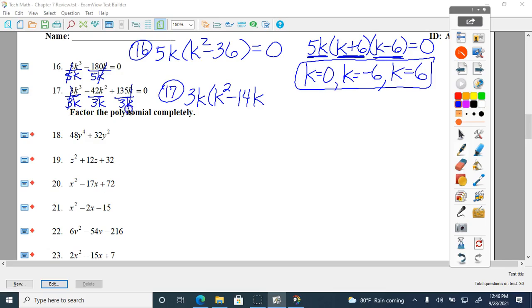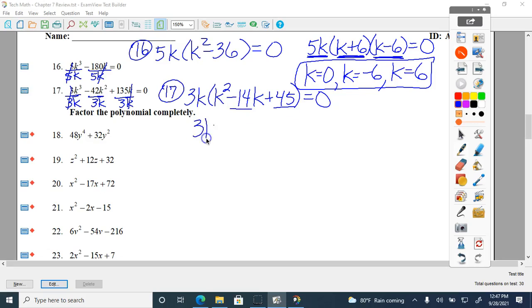On the last one, the K's cancel. What is 135 divided by 3? 45. So plus 45 equals 0. Can I factor that further? Are there two numbers that multiply to be 45 and add up to be negative 14? Negative 5 and negative 9.